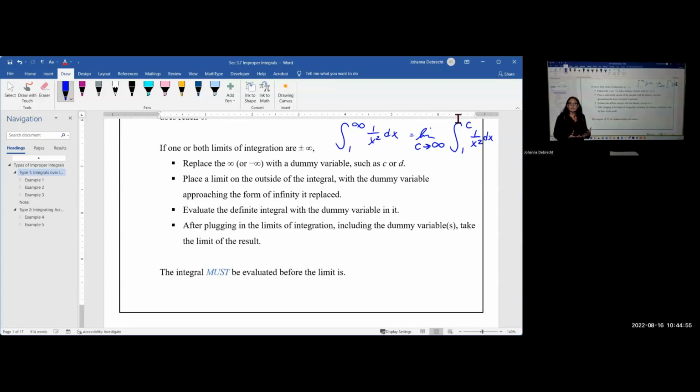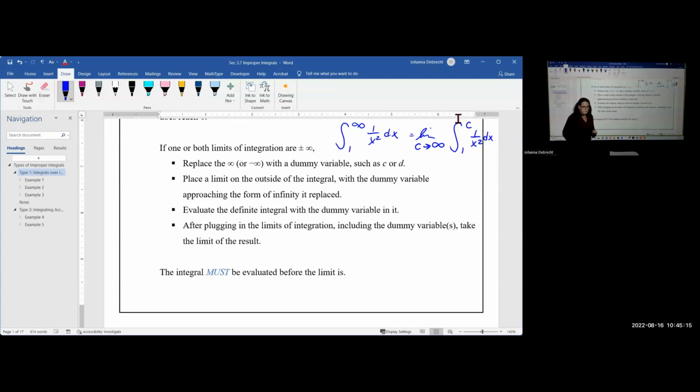And the area under that curve is not finite, right? So that's basically what we're going to do. This is our strategy. The integral itself must be evaluated completely with the limits of integration plugged in before you evaluate the limit.